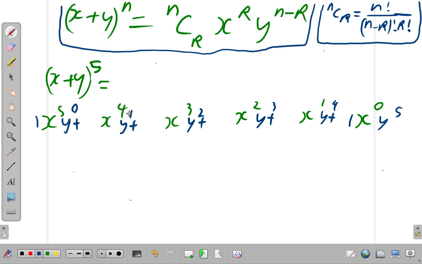Now this is x^4 y^1. What the formula says is nCr, x^r, y^(n-r). The fact that you have x^4 means r is 4. So you erase this r and put 4 there.